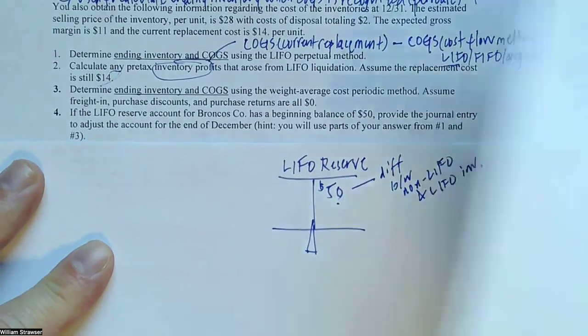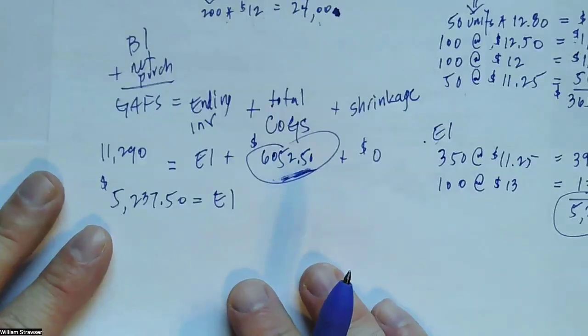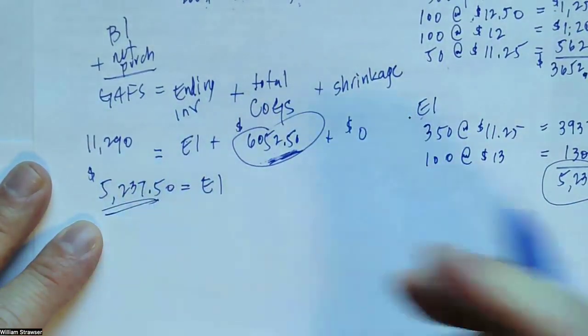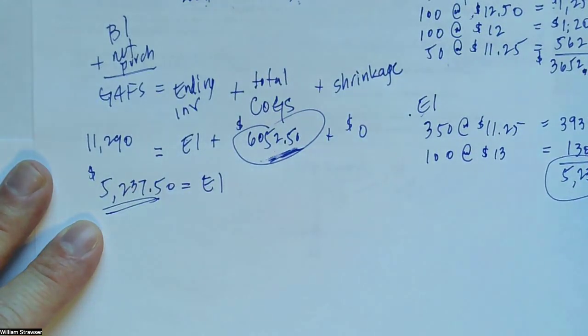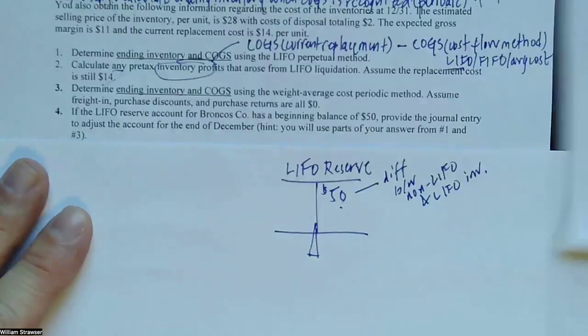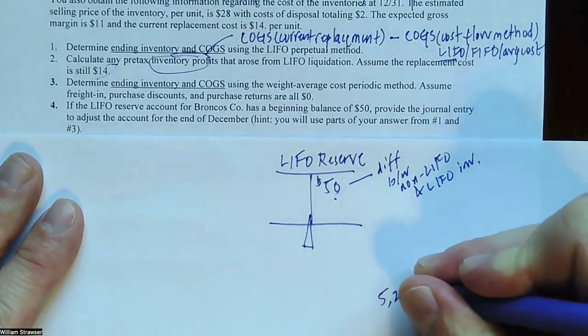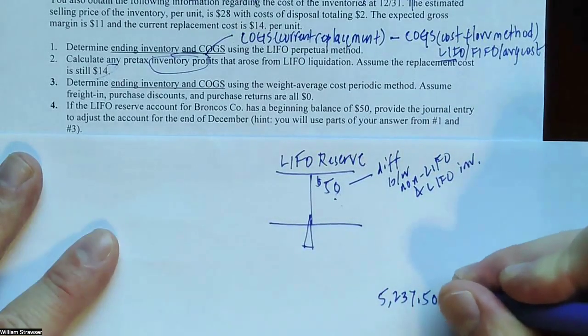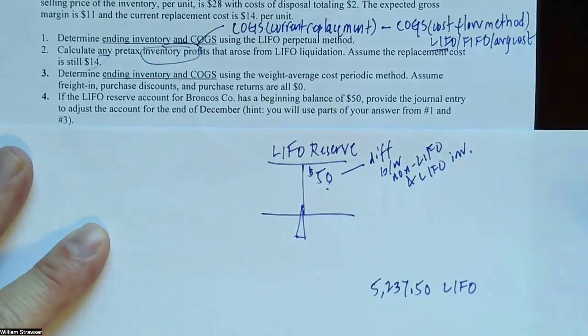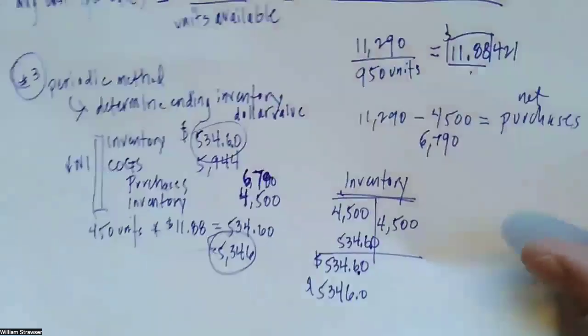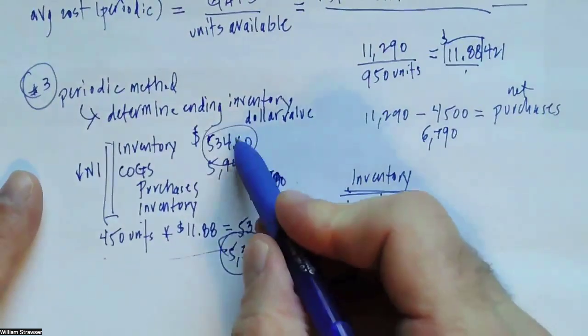We have the information for their ending inventory at the end of the period. For LIFO, it was 5,237.50. And for our average cost, actually, I don't believe we calculated it. Or no, we did. Sorry. My bad.